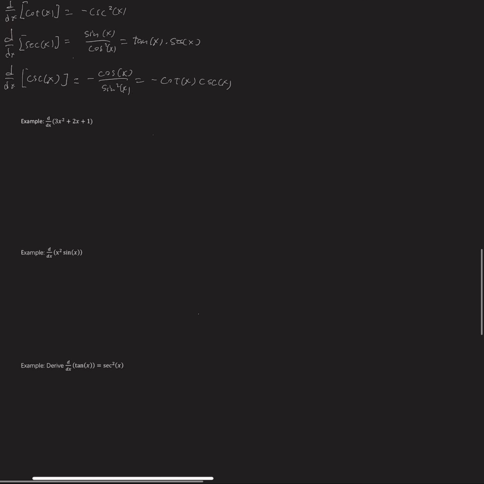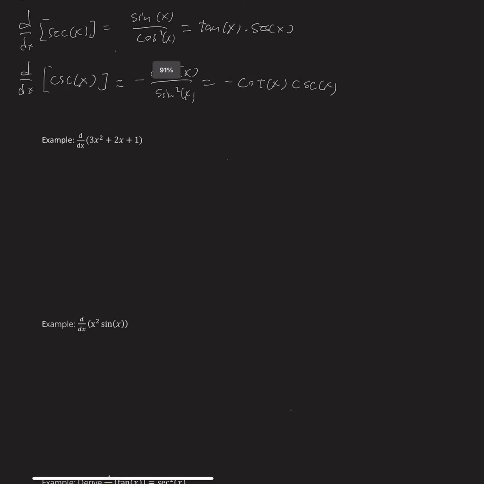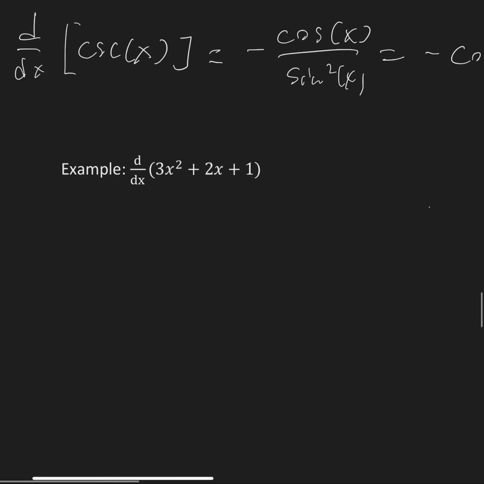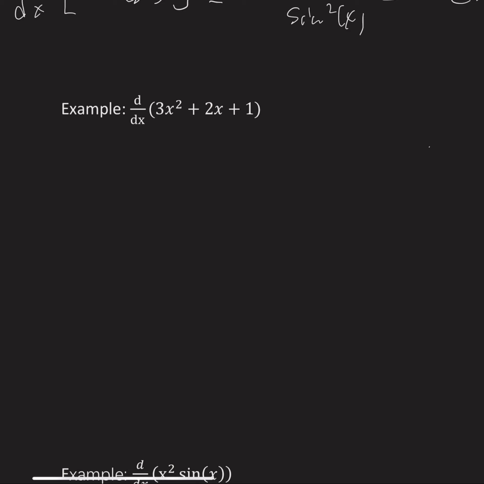And let's practice. We got 3 practice problems. The first example is the derivative of 3x squared plus 2x plus 1. What is it equal to? That's equal to 3 times the derivative of x squared. See, that's the constant multiple rule, and we will use the sum rule.